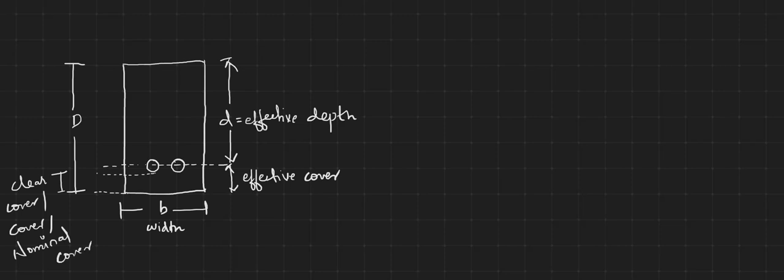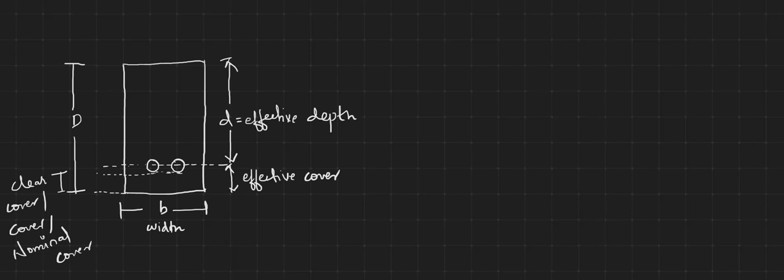So the minimum distance from the reinforcement to the edge or the bottom of the beam is called your clear cover, or simply cover, or it is also called your nominal cover. So these are the terminologies that you need to know.